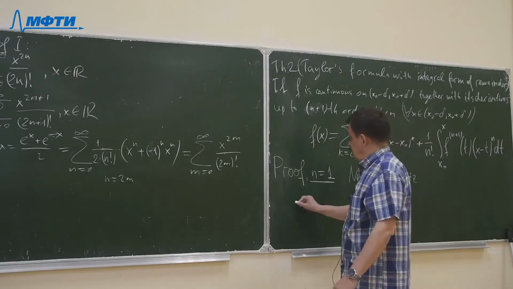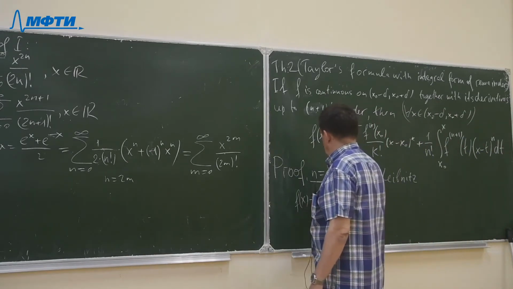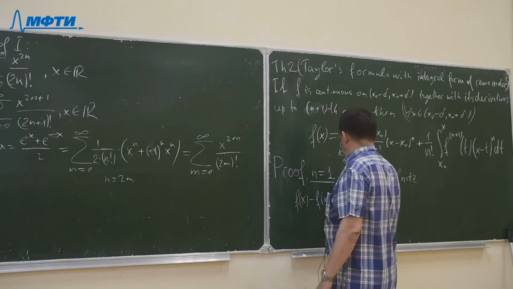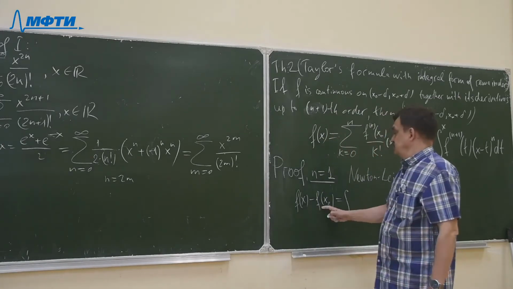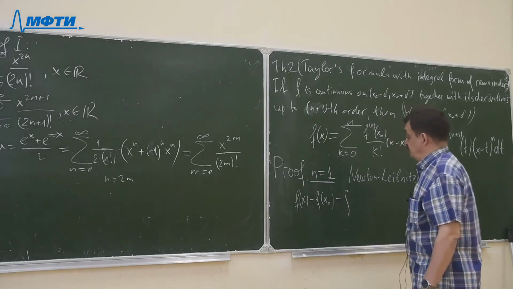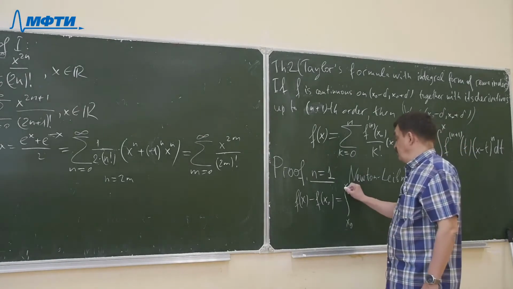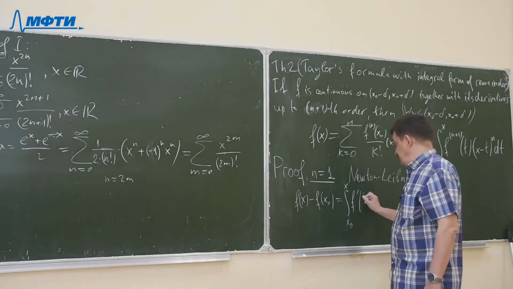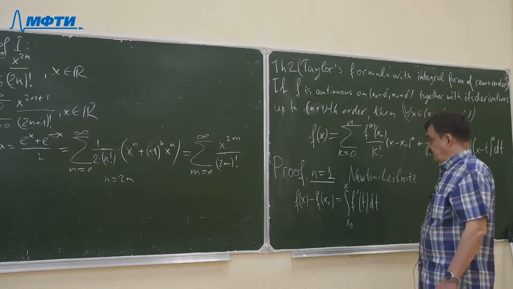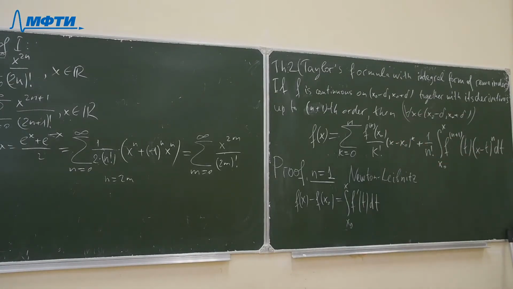So what we can write? We can write, so our function f is primitive for f prime by the definition. So we can write Newton-Leibniz formula like that.